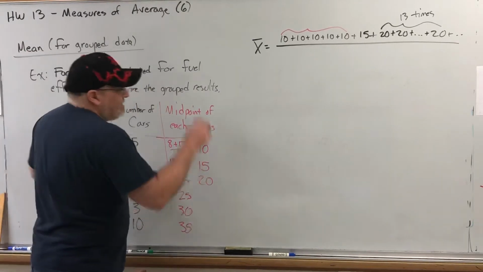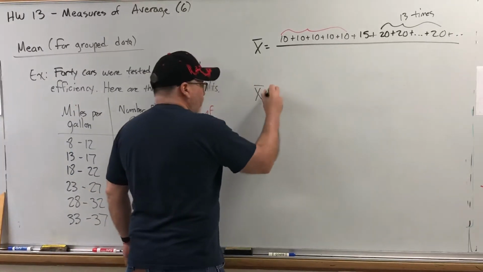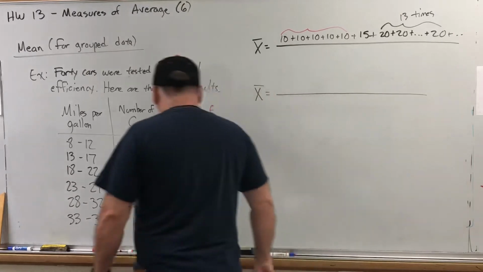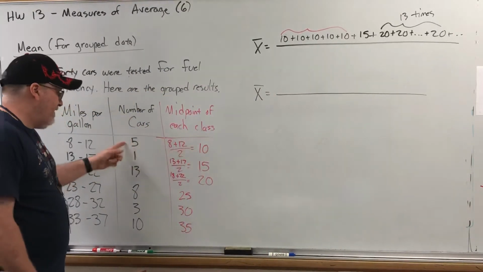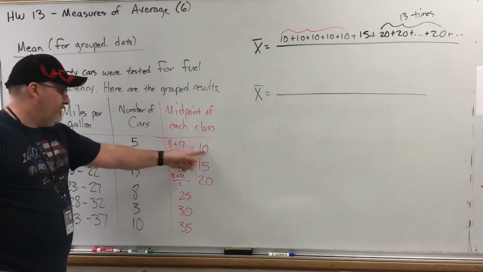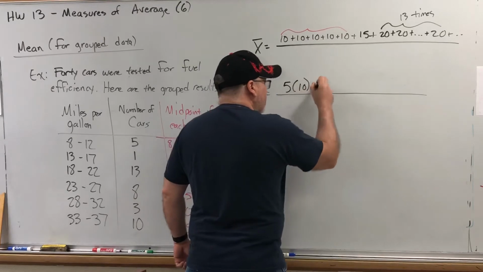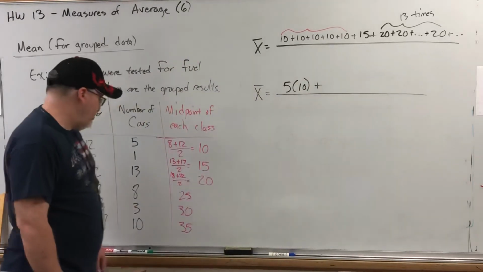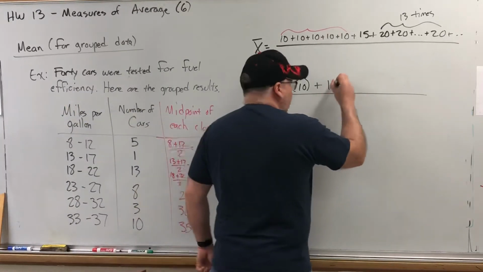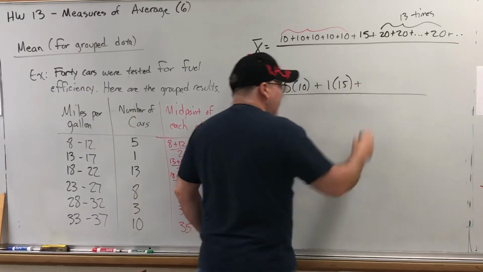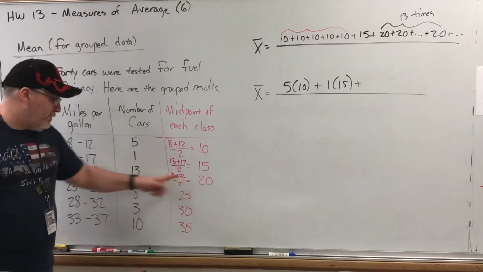So let's take this idea and make it a little bit more efficient. We are going to multiply this 10 by 5 because we're adding up 10 5 times. So 5 10s plus 1 15. I know 1 times 15 is 15, but I want to keep the frequencies in the formula. We're going to add up 20 13 times.